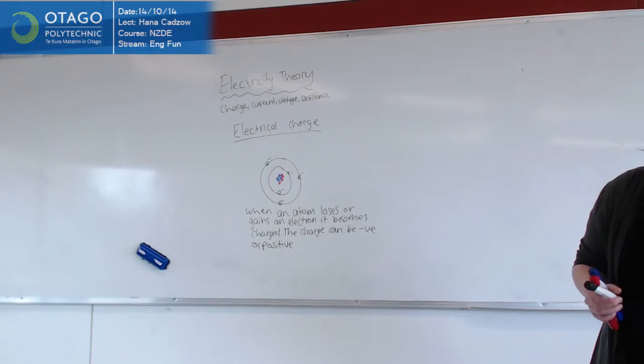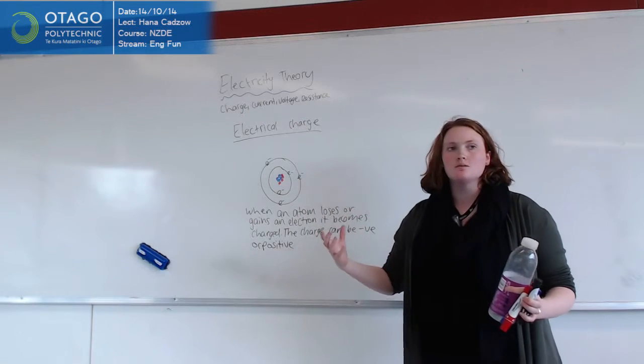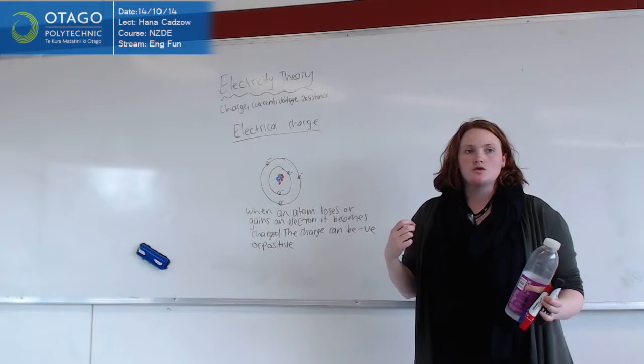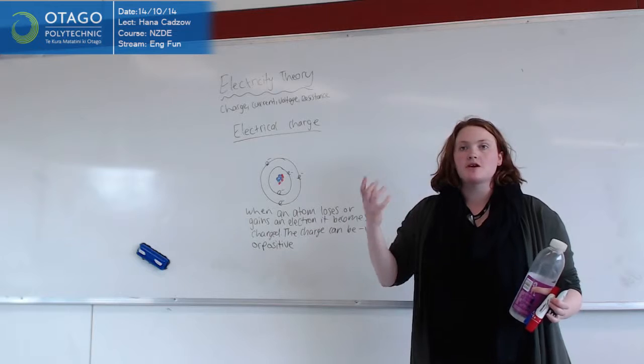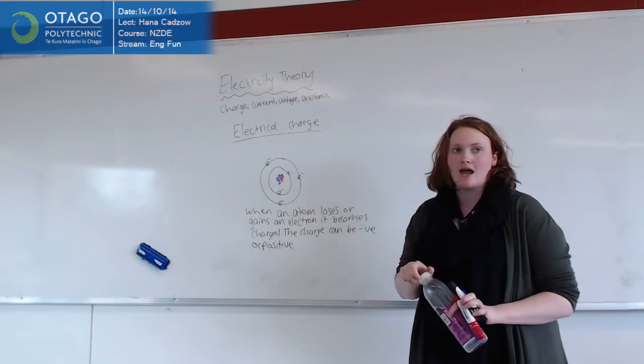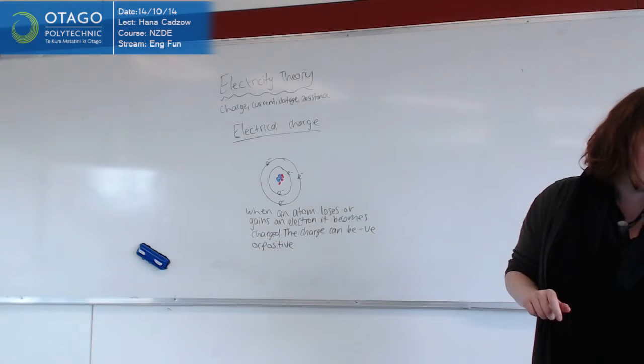Okay. Like we talked about last week, different materials, different types of atoms, gain or lose electrons with different amounts of ease. So some substances swap things around really easily and become charged really easily, and others retain their electrons and are really unreactive. Okay.